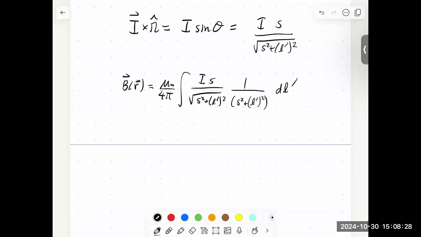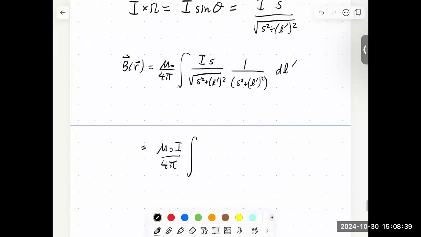If our current is constant, for magnetostatics, we would have mu naught I divided by 4 pi, and then the integral of s over s squared plus L prime squared, all to the 3/2 power.